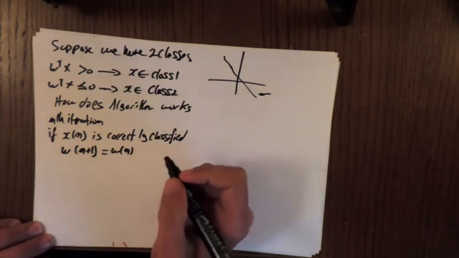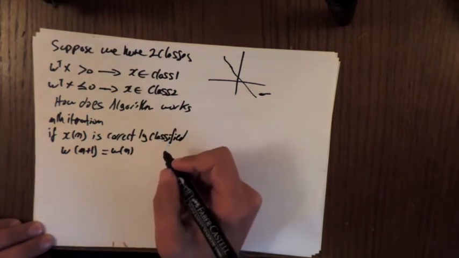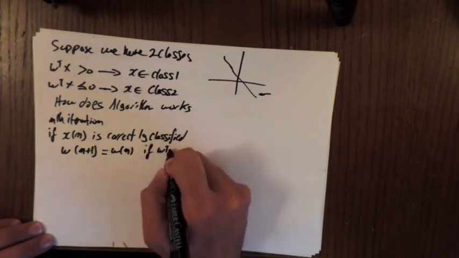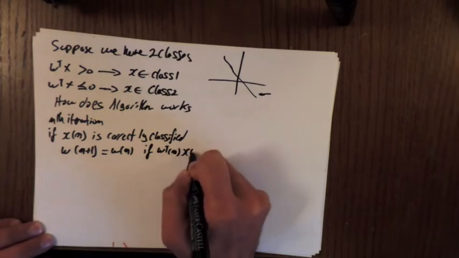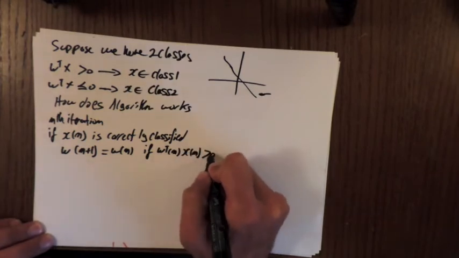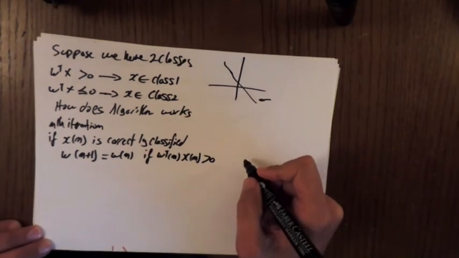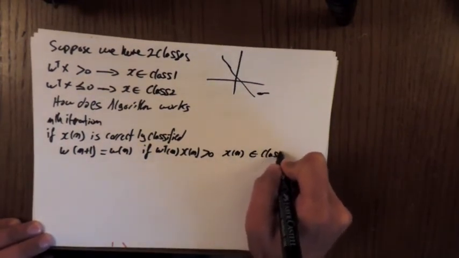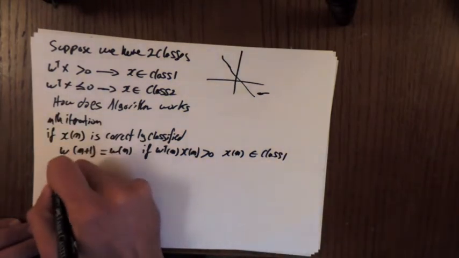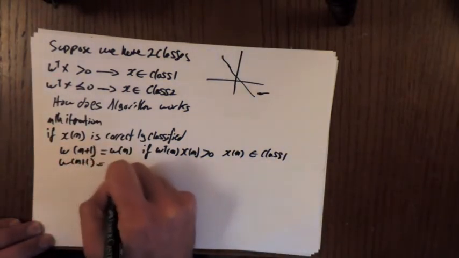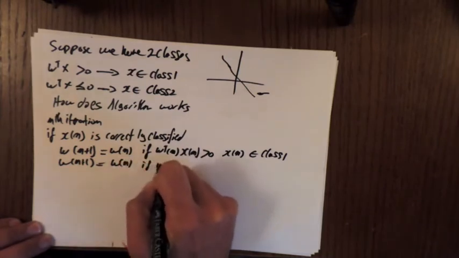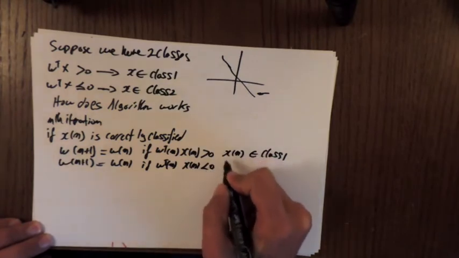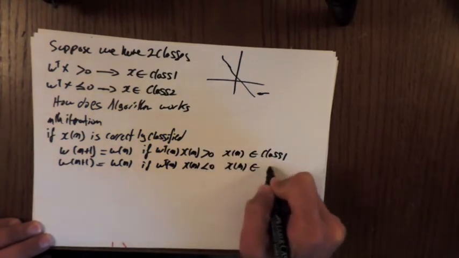It's correctly classified, so why do we need to change the weights? It's giving me the correct response. That happens if wt of n times x of n is greater than 0, which is the case here. This means x of n belongs to class 1. And same thing for the second case, equal w of n if wt of n x of n is less than 0 and x of n belongs to class 2.